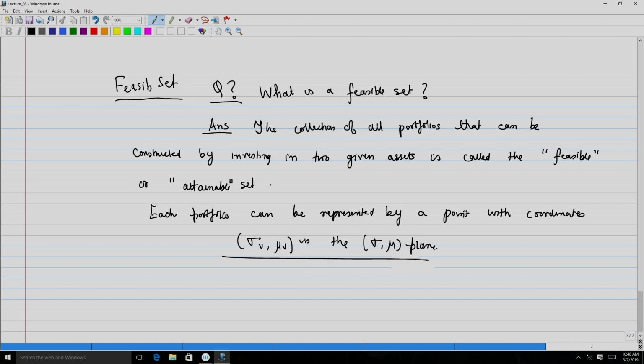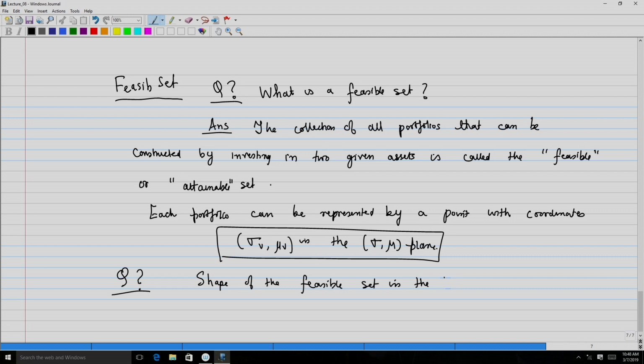We will explain this in more detail graphically. This immediately brings us to another question: what is going to be the shape of the feasible set in the sigma mu plane?